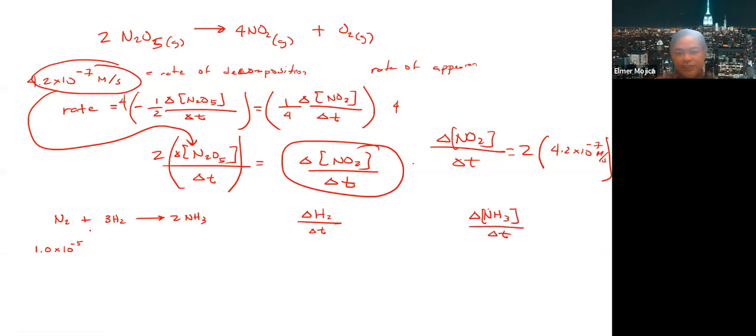So I look at the relationship that they have. So this is what? Negative delta N2 over delta T. And that is equals to negative 1 over 3.